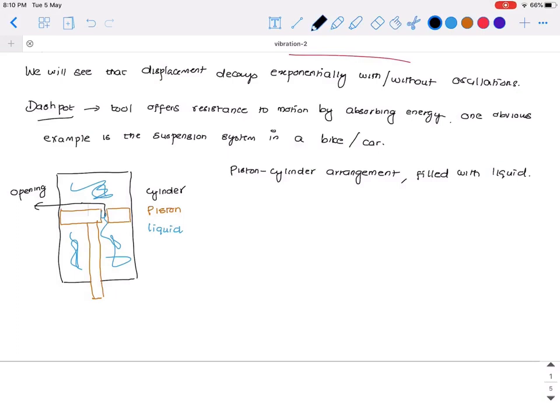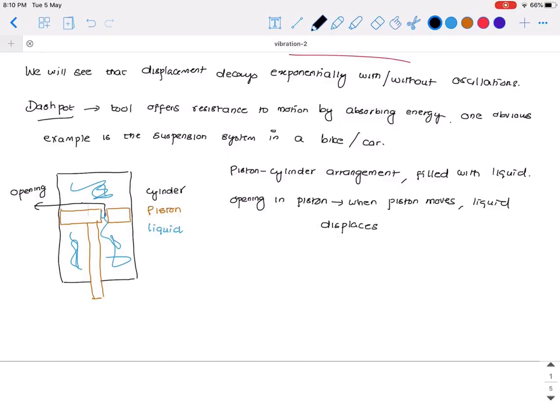Okay, so there is an opening in the piston, so that when the piston moves, the liquid displaces correspondingly.